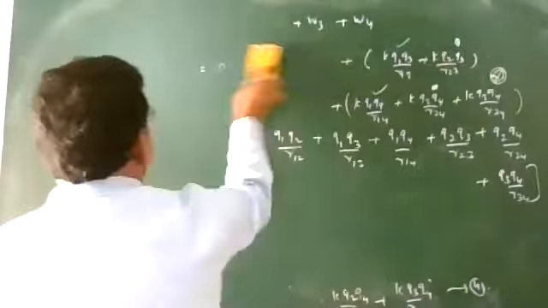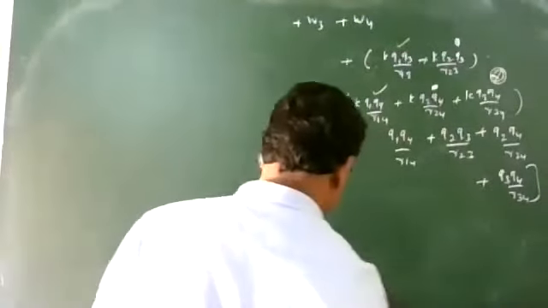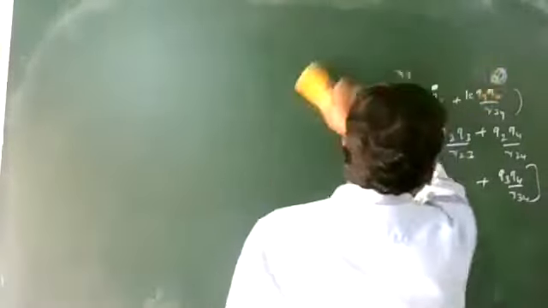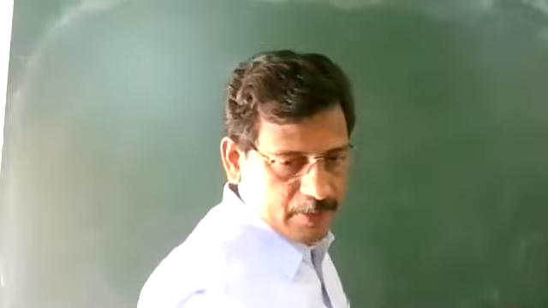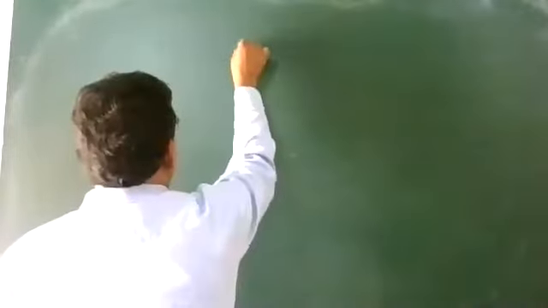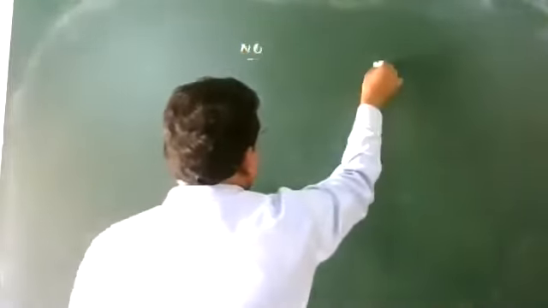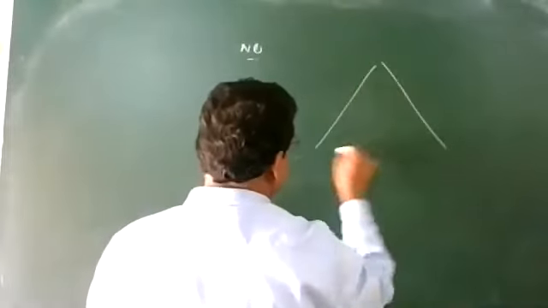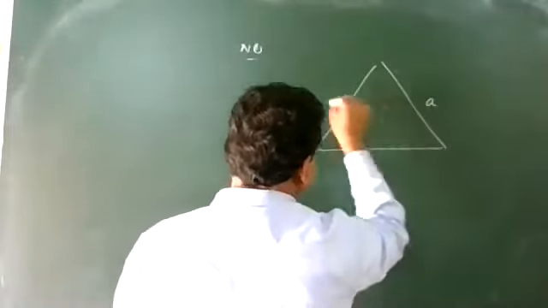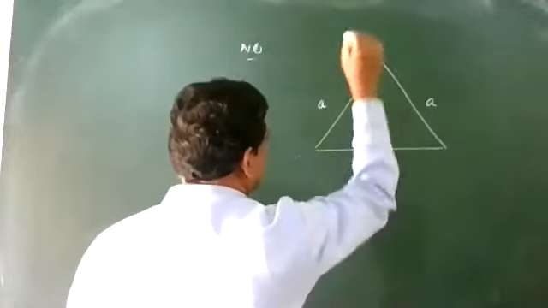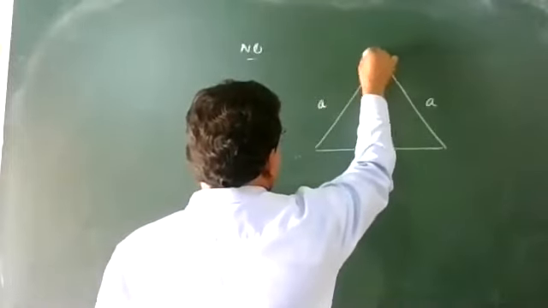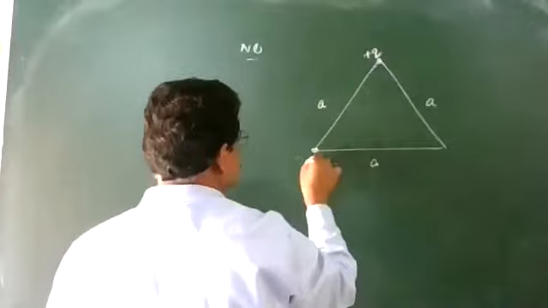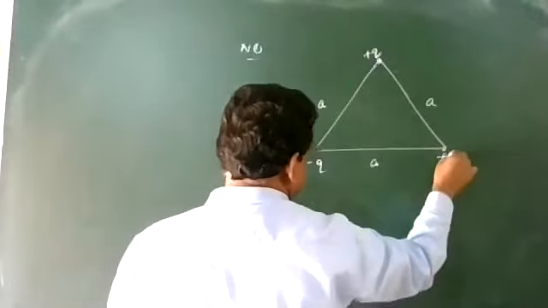Numerical number 1. These are all 4 questions. You have an equilateral triangle of side A. Some charges are placed here: plus Q charge, minus Q charge, plus Q charge.